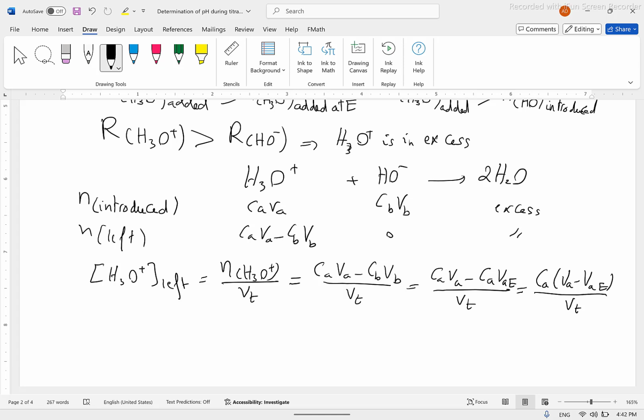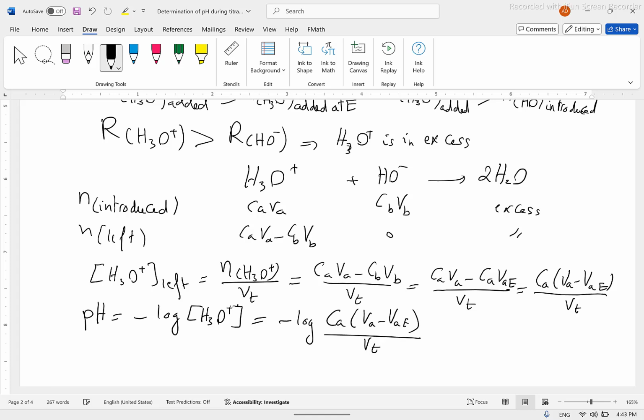Now pH equals negative log of the concentration of H3O⁺, equals negative log CA(VA minus VAE) over V total. By replacing CA and V total by their values, we can deduce the final relation. These are the 4 cases to determine the pH during titration.